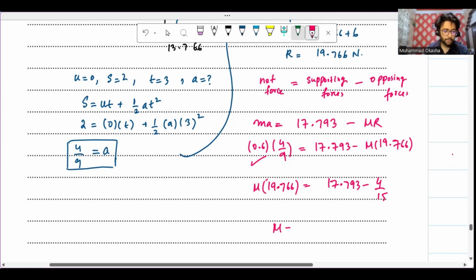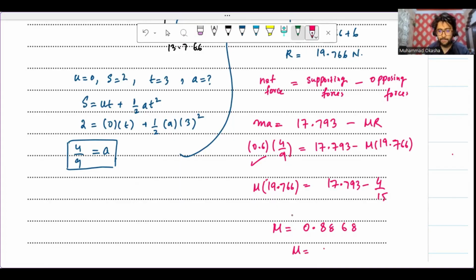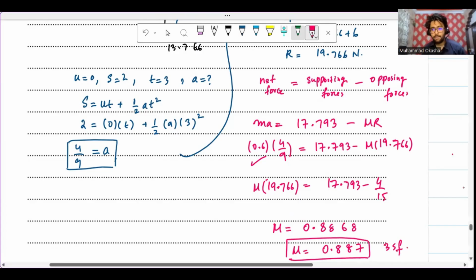I think you can work out the maths. And mu is going to be 0.8868, which you can approximate to 3 significant figures. So that's going to be 0.887. That is 3 significant figures, and that's how we are done with this paper.